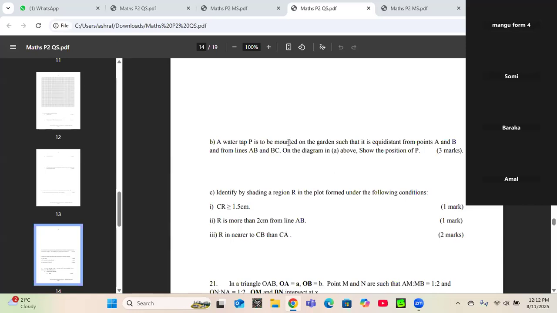Let me just see if it has been drawn so that you can see what R looks like. So just a minute, I'll share the scheme.